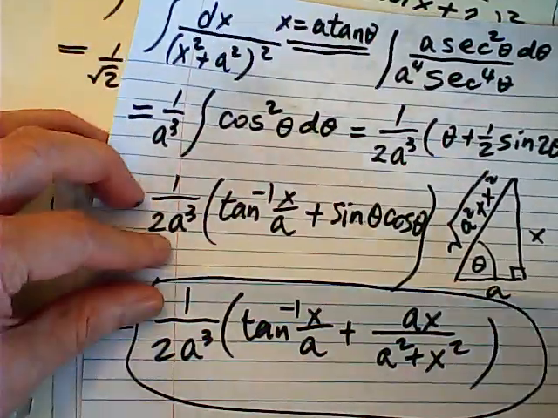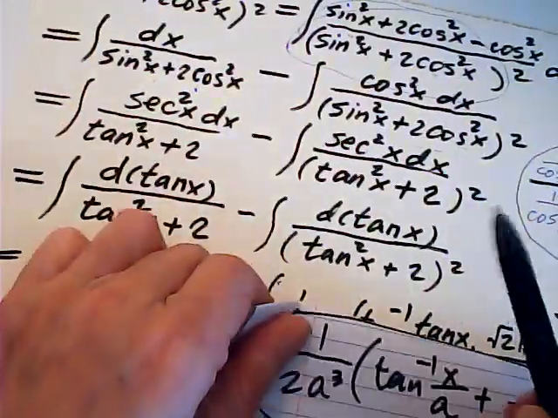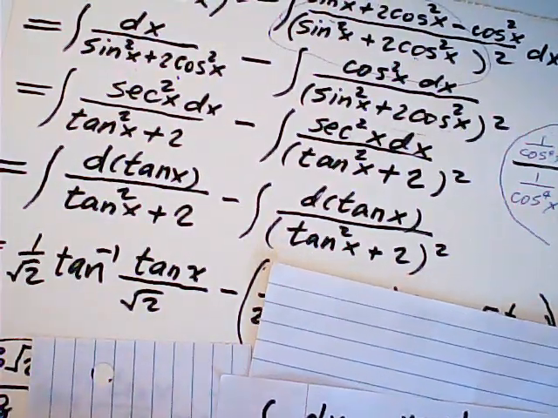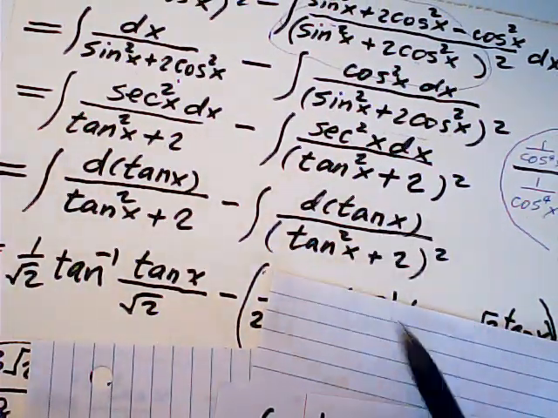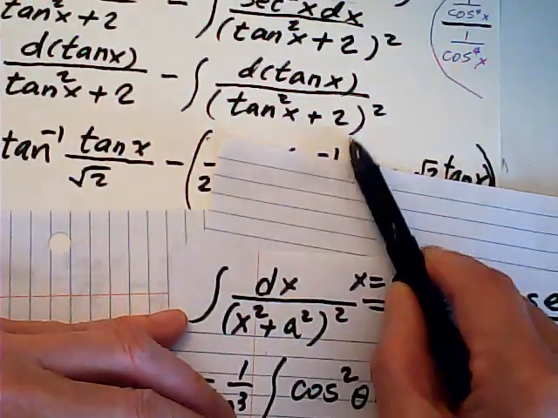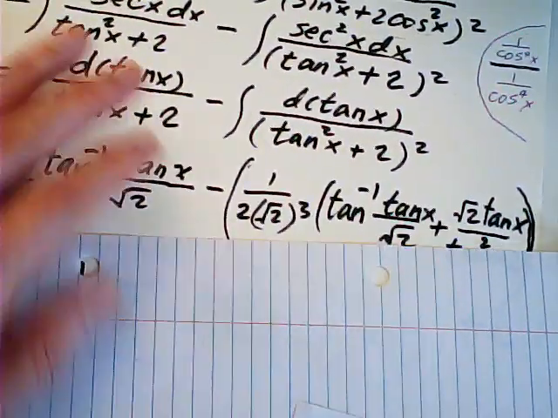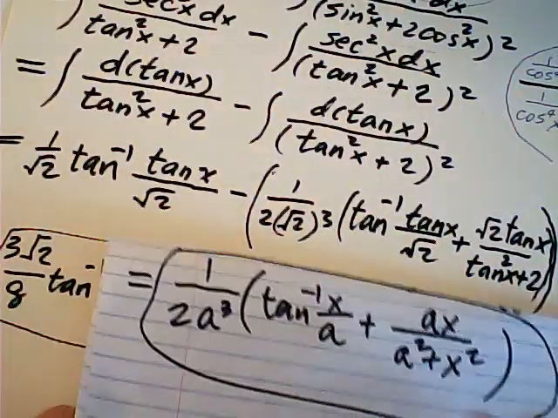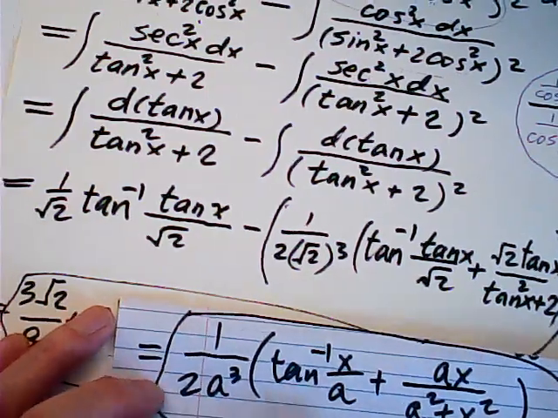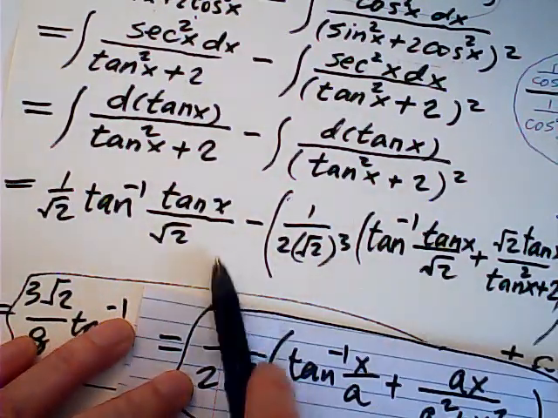I did it in the beginning. So this is the same thing as this, right? X is tangent x. A squared is 2. So I use the formula. I use this one for this result. And I get this.